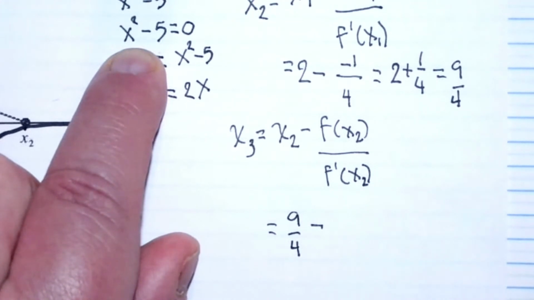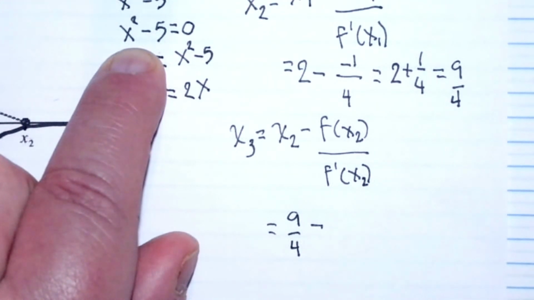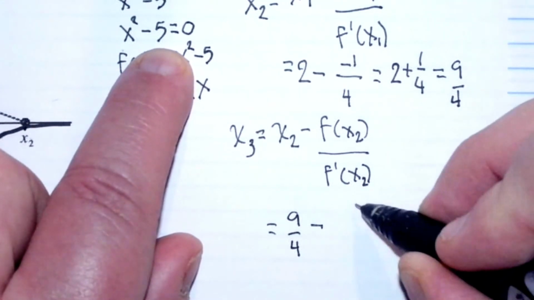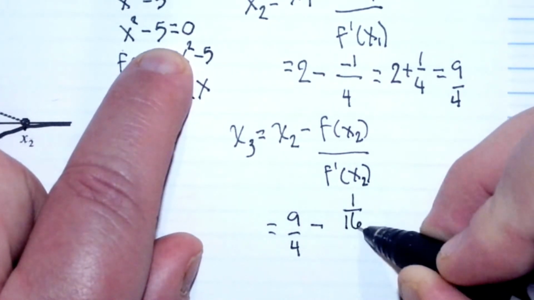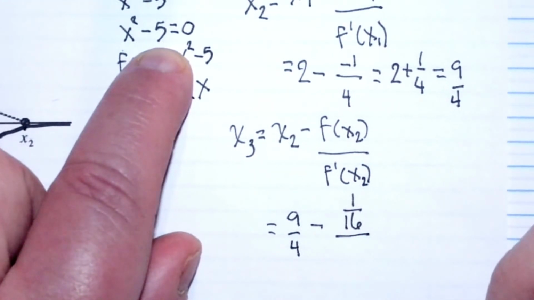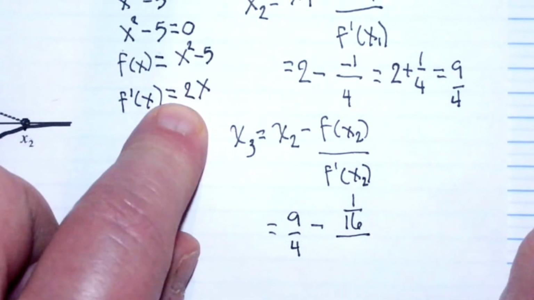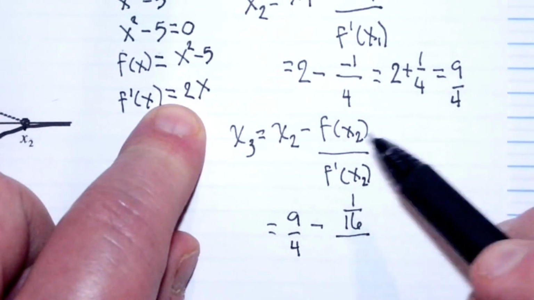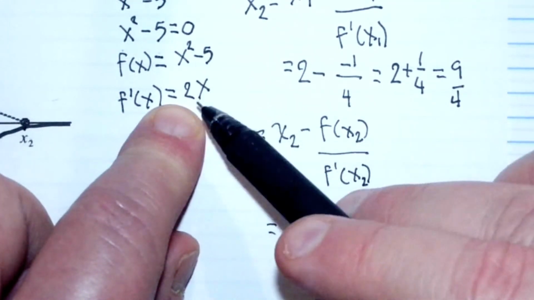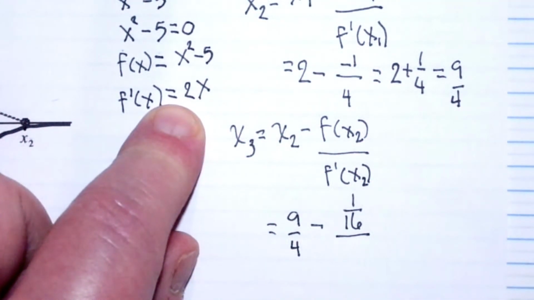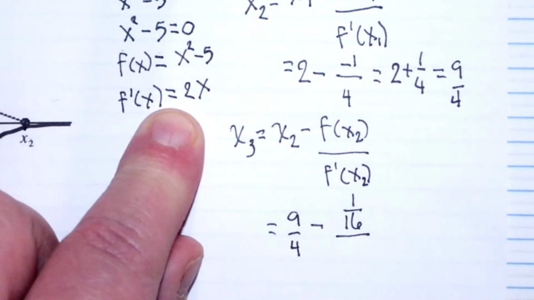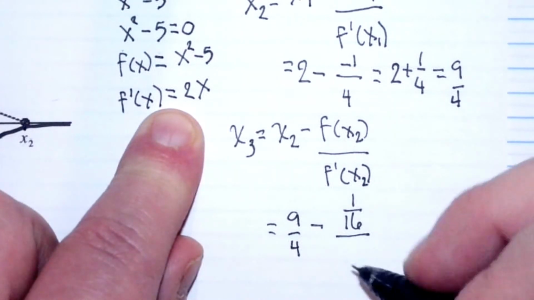That's 81/16 minus 5 would be 80/16, so that would be 1/16, divided by f prime of 9/4. Again, that's the x2. We're substituting this into f of x and f prime of x. So f prime of 9/4 would be 9/2.